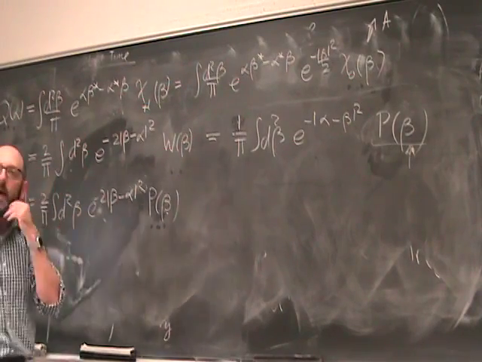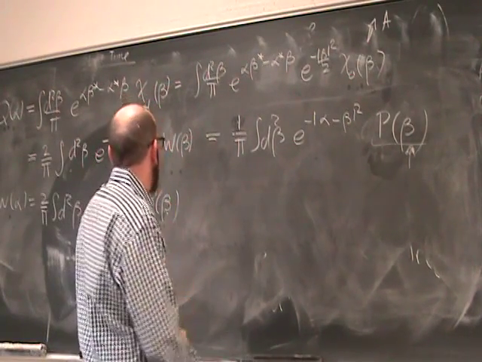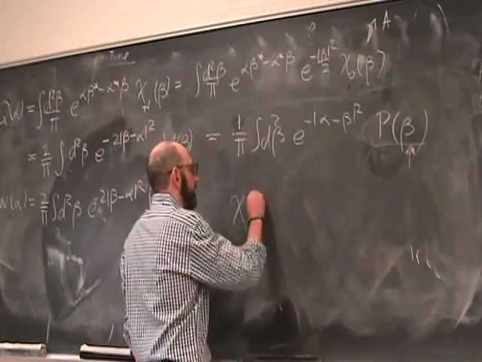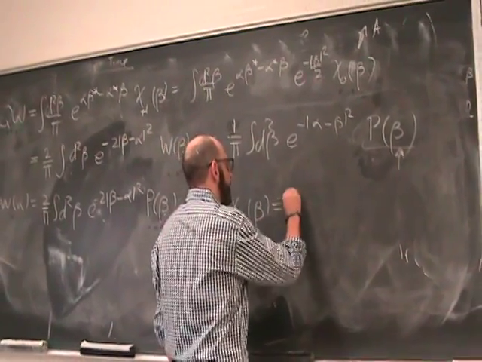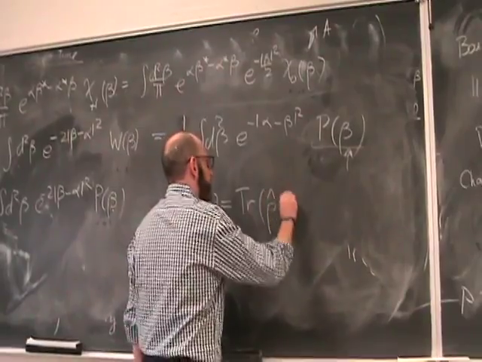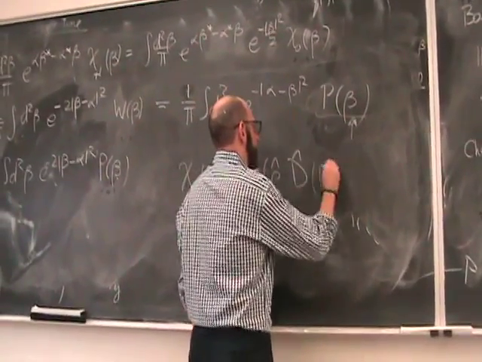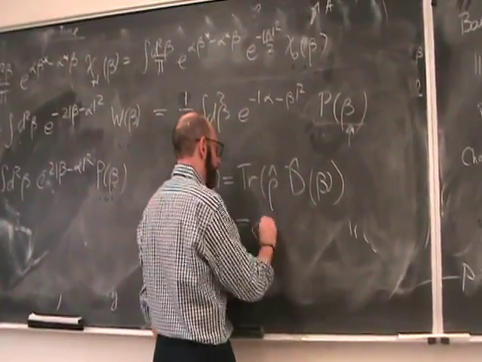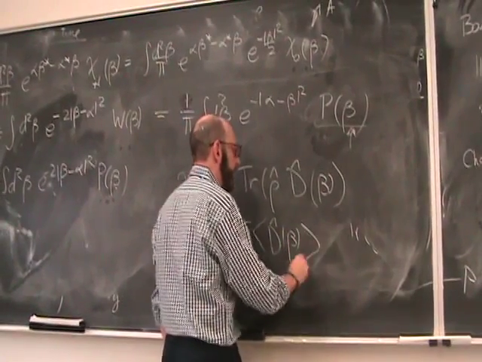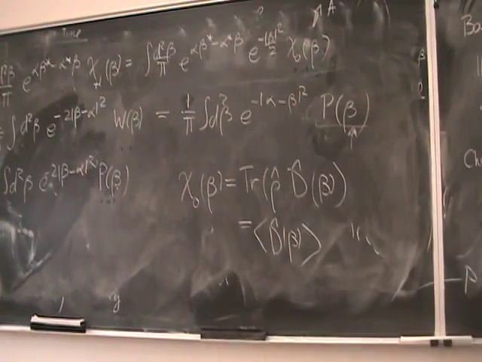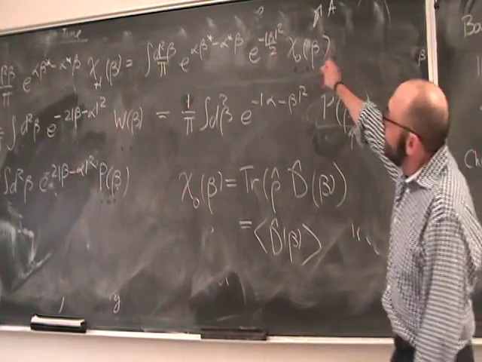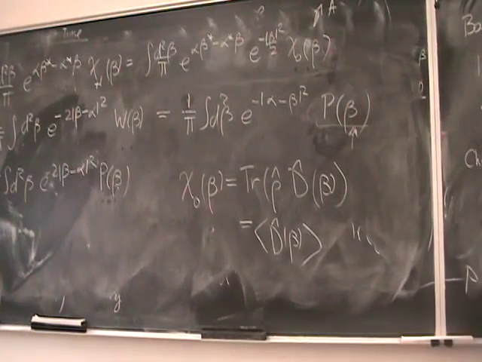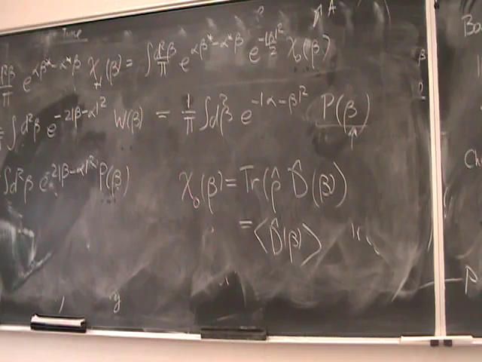So there's lots of different paths to going about this. Of course, remember the characteristic function here is equal to the trace of rho times D. This is the expectation value of D. This is typically the path one would take when we just calculate that expectation value and then do one of these Fourier transforms in order to come up with that function.